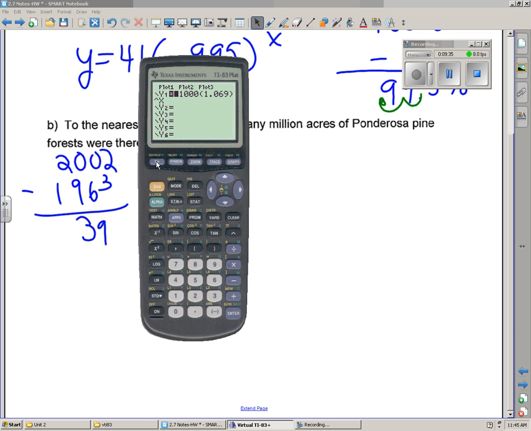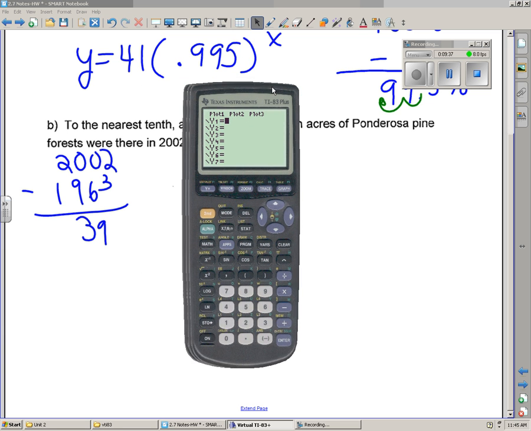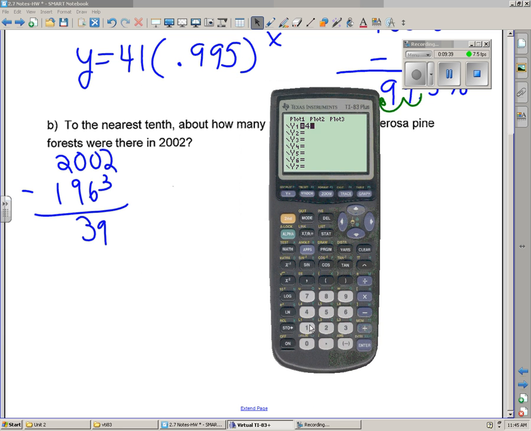I'm going to put it in y equals. So in y equals, we're going to put in 41 million times 0.995 to the power of x. I'm going to go to my table of values, and I'm going to find my 39th year.